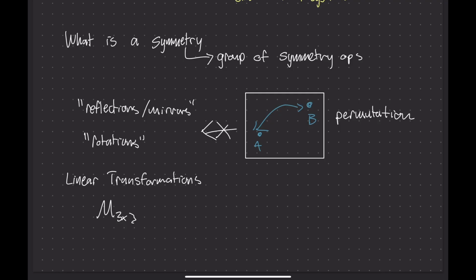And another point is that reflections and rotations are distance preserving. What does that mean? Take the example of rotating the Earth. The Earth is not rotationally symmetric.